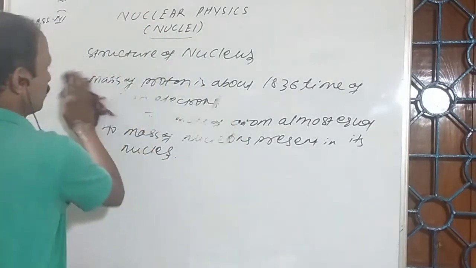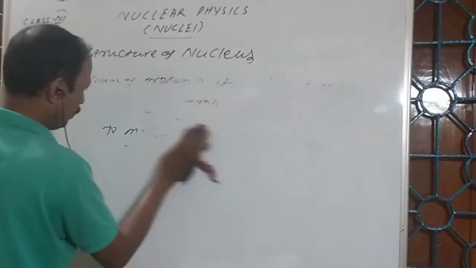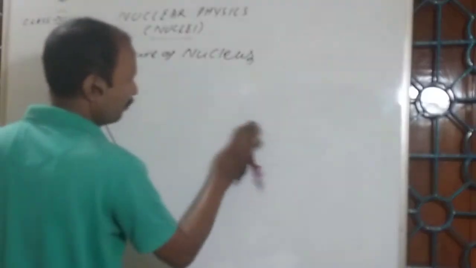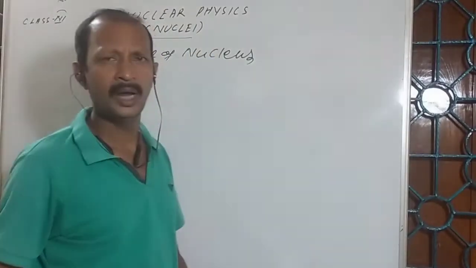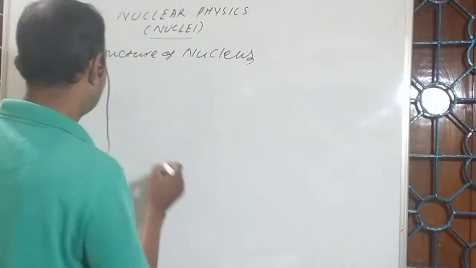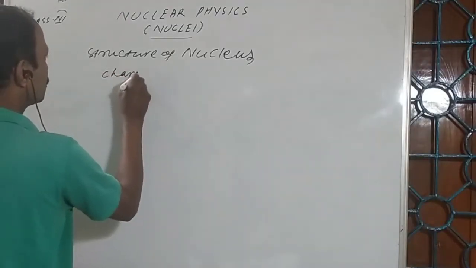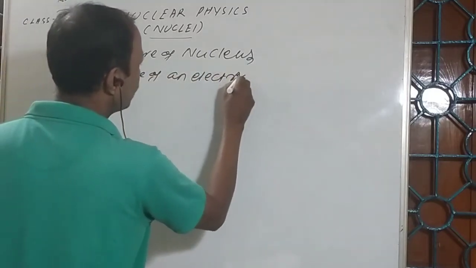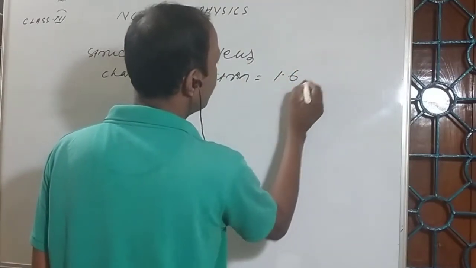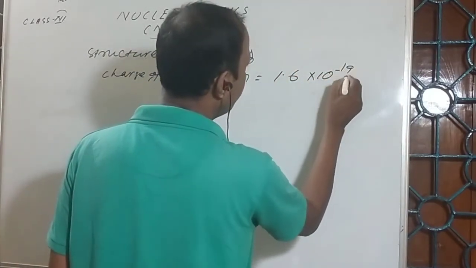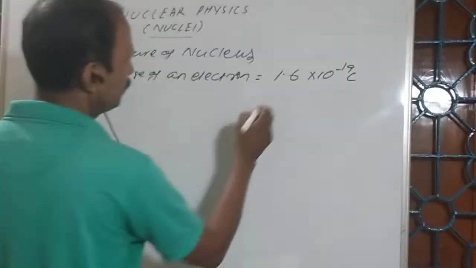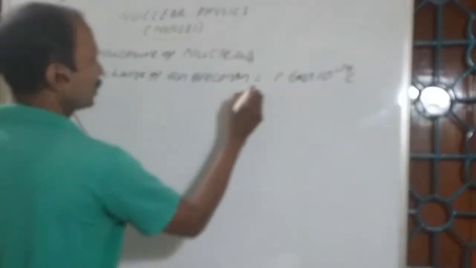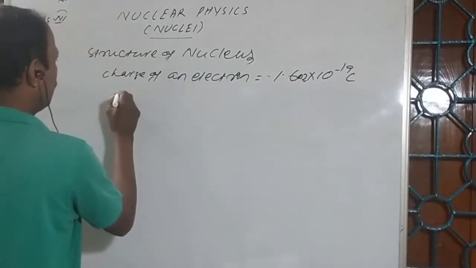Then what are the charges of electrons and protons? Already you know that the electron is negative in charge, whereas the proton is positive in charge and the neutron is neutral. So the charge of an electron I can write as 1.6 into 10 to the power minus 19 coulomb, or if you want you can write 1.602. Sorry, this is the charge of an electron.